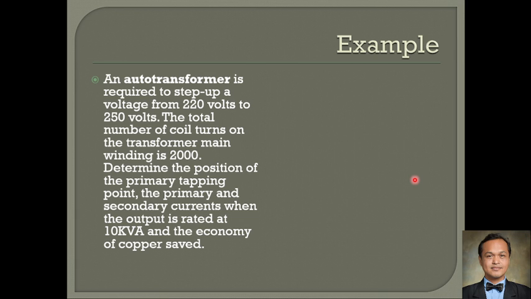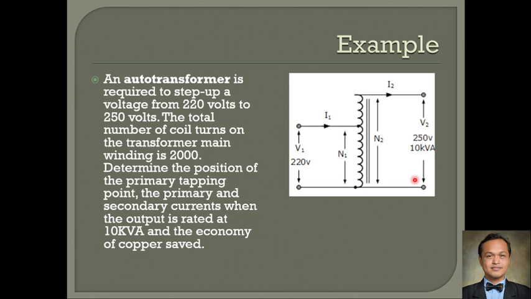So this is the setup of an auto transformer. We have 220 volts and we're going to change it to 250 volts. As you can see, the number of turns on the transformer main winding is 2000. So how can we do it? Using the formula for a transformer, N1 over N2 is equal to V1 over V2.